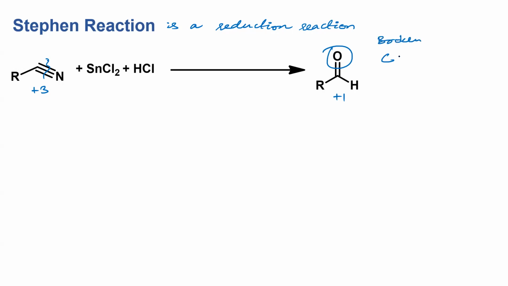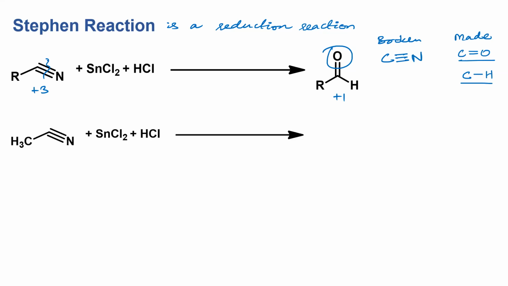Broken bonds are the carbon and nitrogen triple bond. If 3 bonds are broken, there should be 3 bonds which are being made also. What are the bonds being made? Carbon double bond O, and a carbon single bond hydrogen. Any problem here? No, right? Okay, fine. So you can write the questions. Please write this.